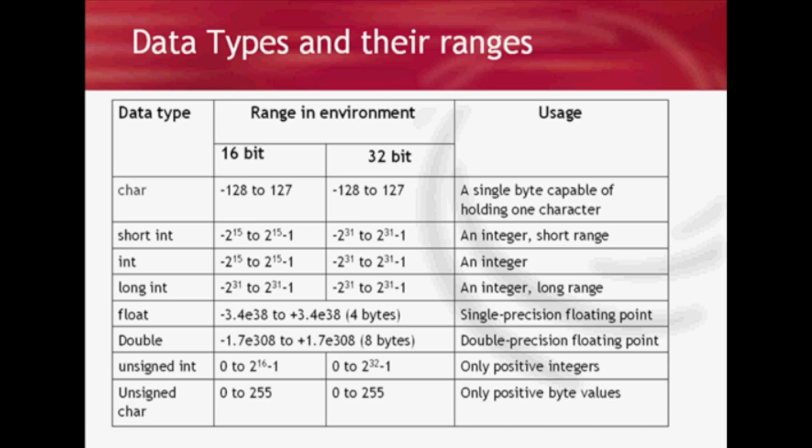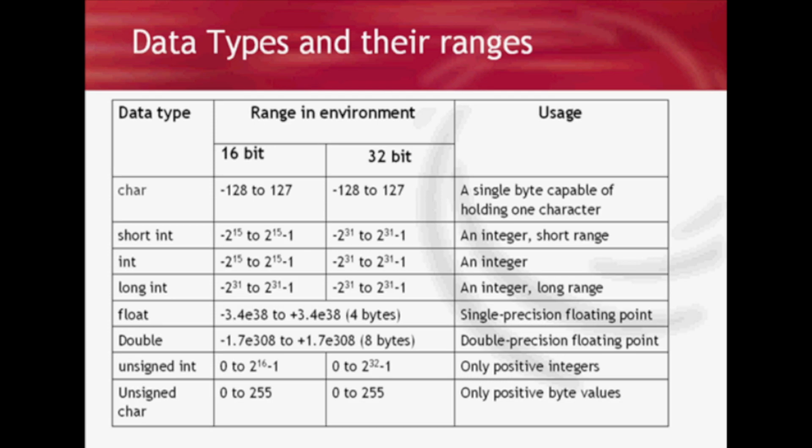So in short, the short integer and integer are the same. Long integer. In a 16-bit environment, it will be -2 to the power 31 to 2 to the power 31 minus 1, and the same in a 32-bit environment.